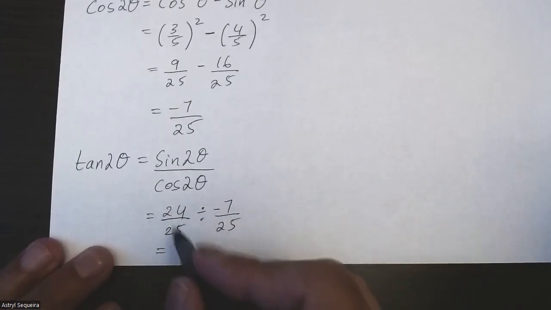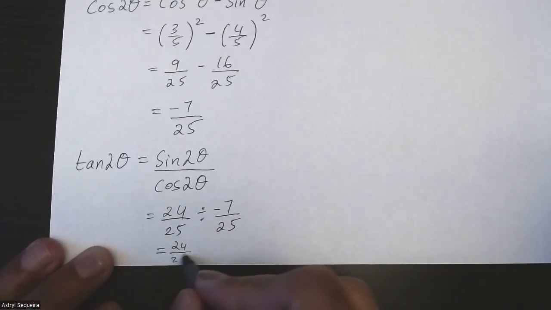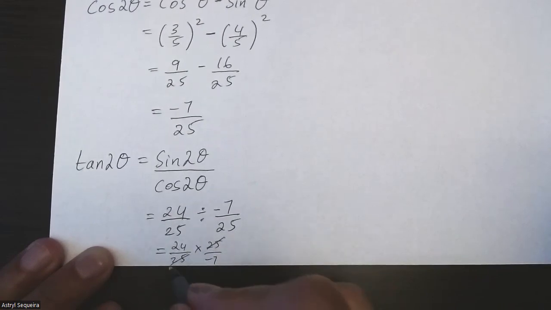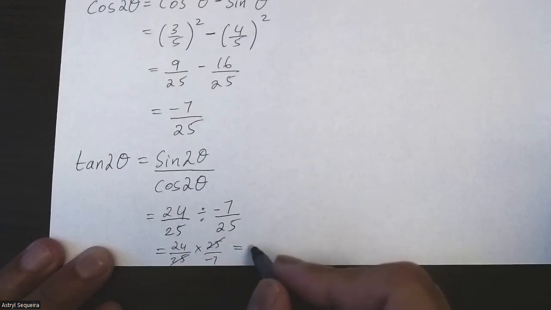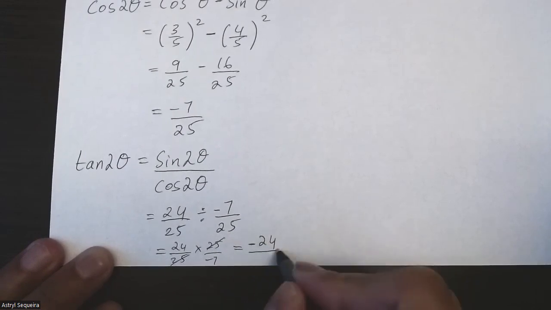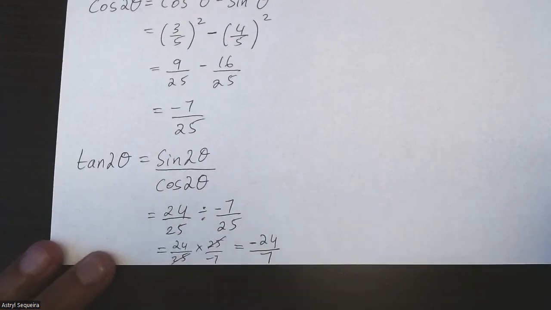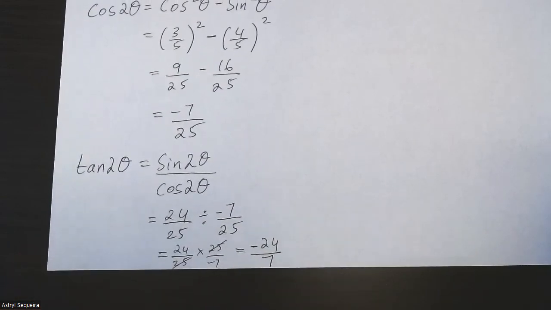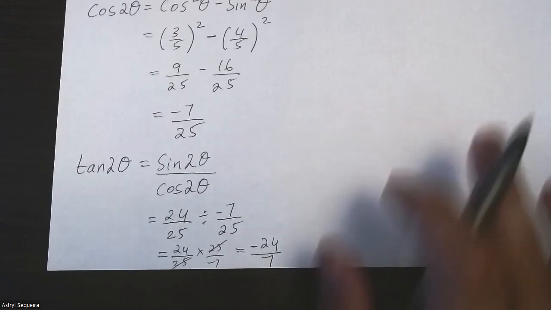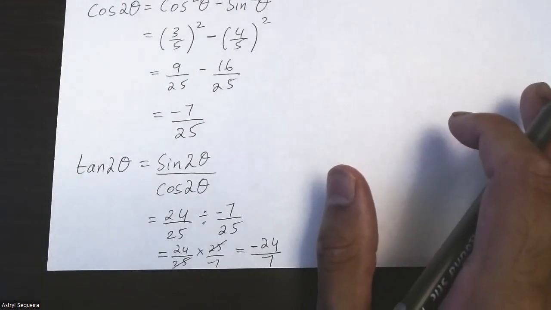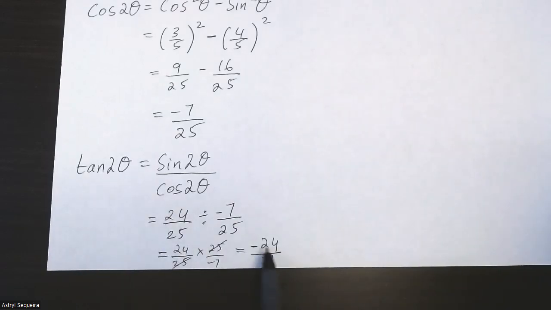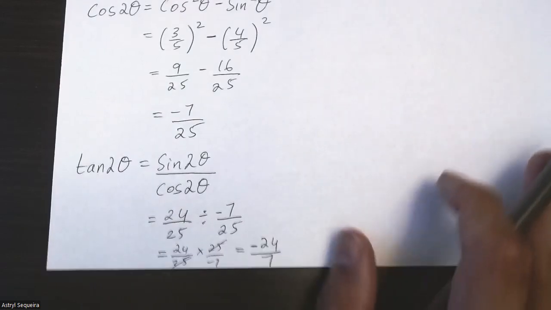Basically, you flip this: 24 over 25 times 25 over negative 7. These two cancel. And basically, you're just left with negative 24 over 7. All I did was move the negative to the top. And that would be your answer for tan 2 theta. If you used the double angle formula for tan, you would end up with the exact same solution. It would just be slightly longer.